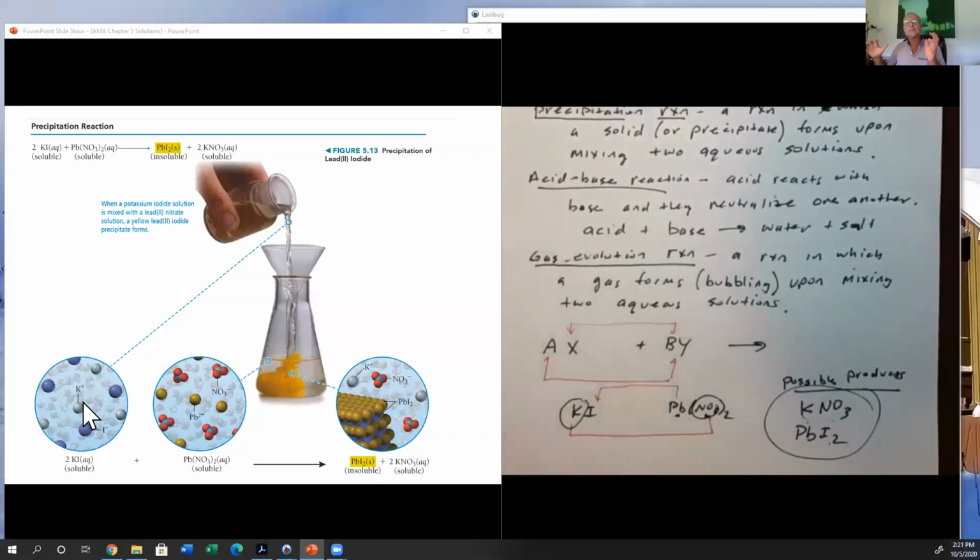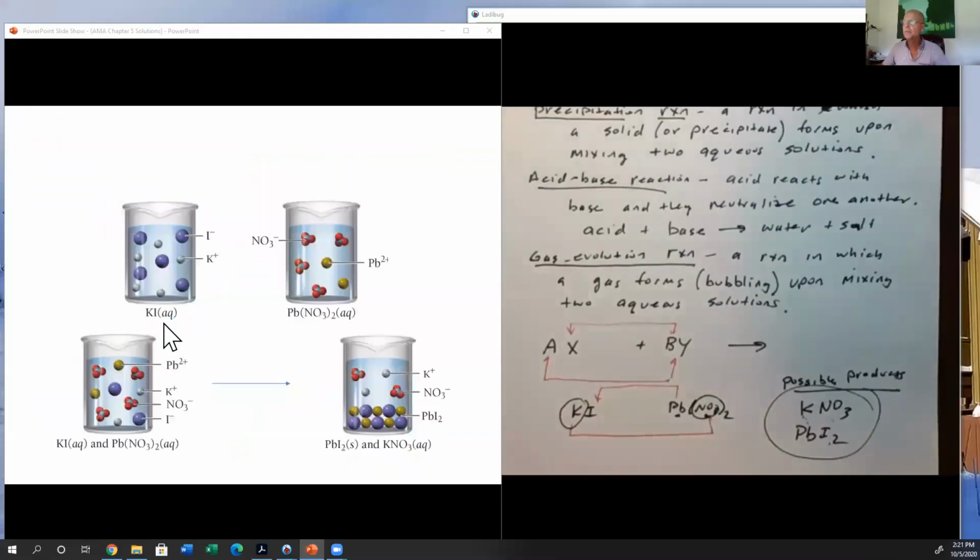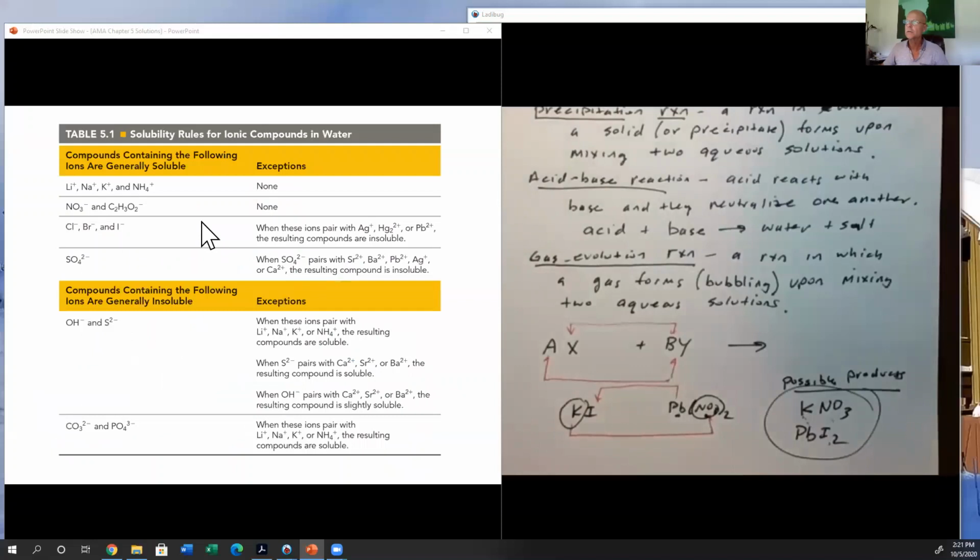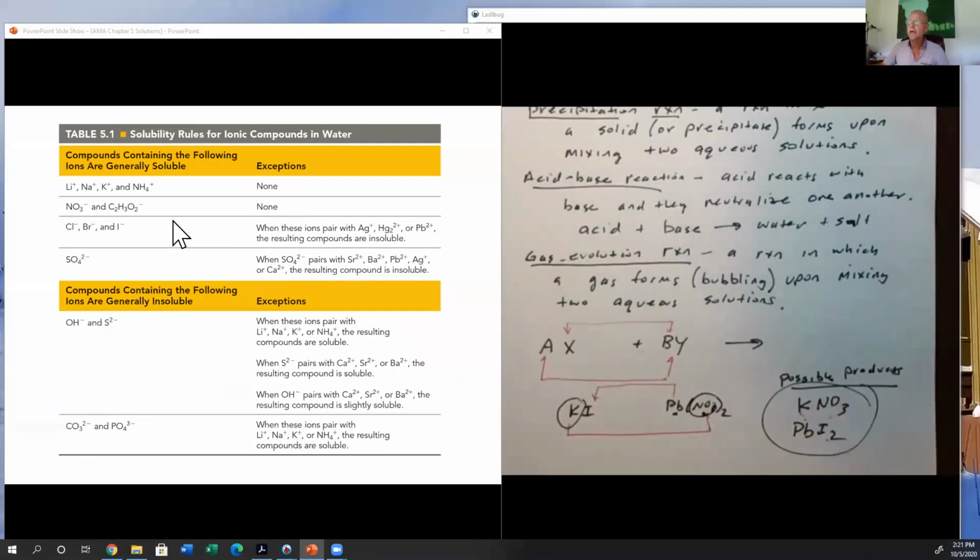Now, in a precipitation reaction, what's going to form a precipitate? Something that's soluble or something that's insoluble? Insoluble, exactly right. We're looking for a product that's insoluble. So we got to go back to our solubility rules, and we got to say, okay, what's the solubility of these possible products? Well, nitrates are always soluble.